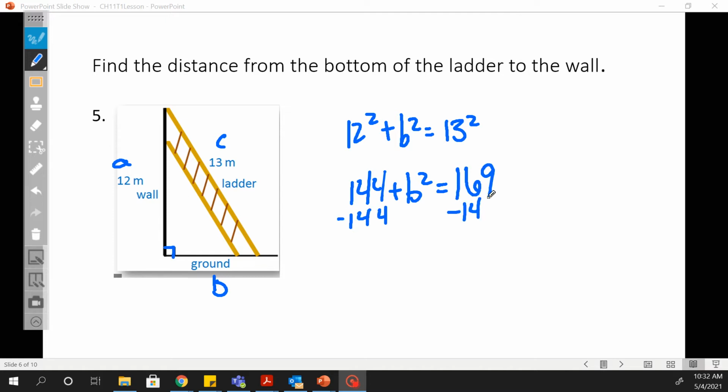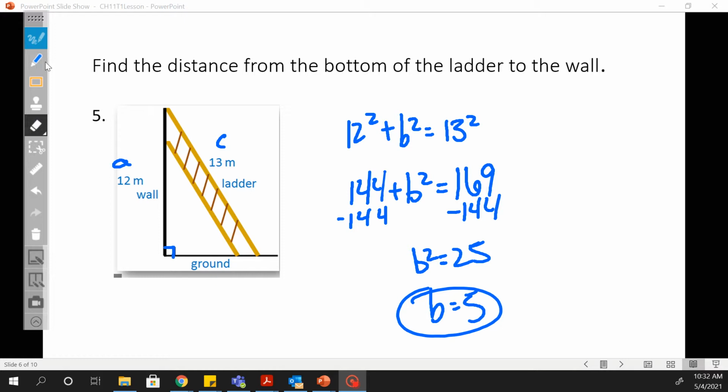Subtracting 144 gives us 25. B squared is equal to 25, which means B is equal to the square root of 25, which is 5. So the ladder is 5 meters, because the unit is meters, 5 meters from the wall.